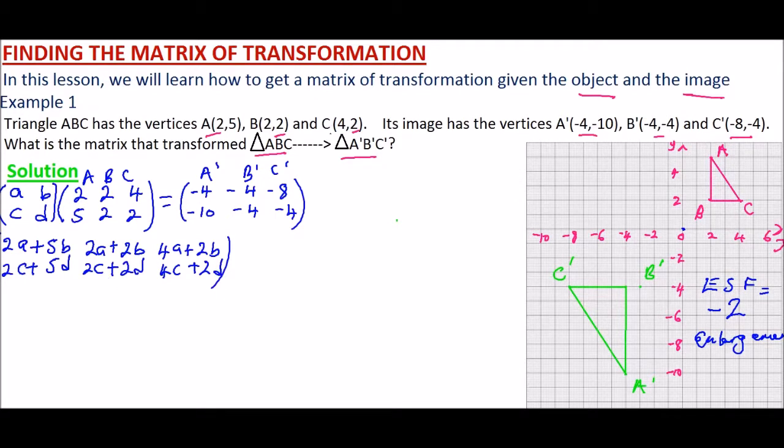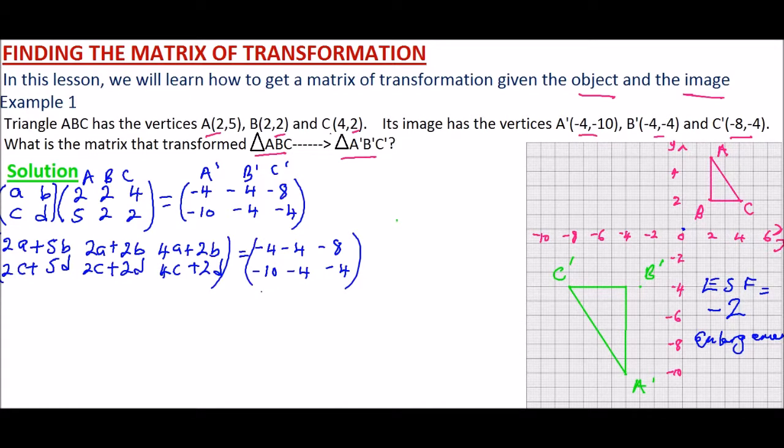So that is one matrix, and we close this bracket. This matrix is equal to this matrix: minus 4, minus 4, minus 8, and then minus 10, minus 4, minus 4. And we close the bracket of the matrix.